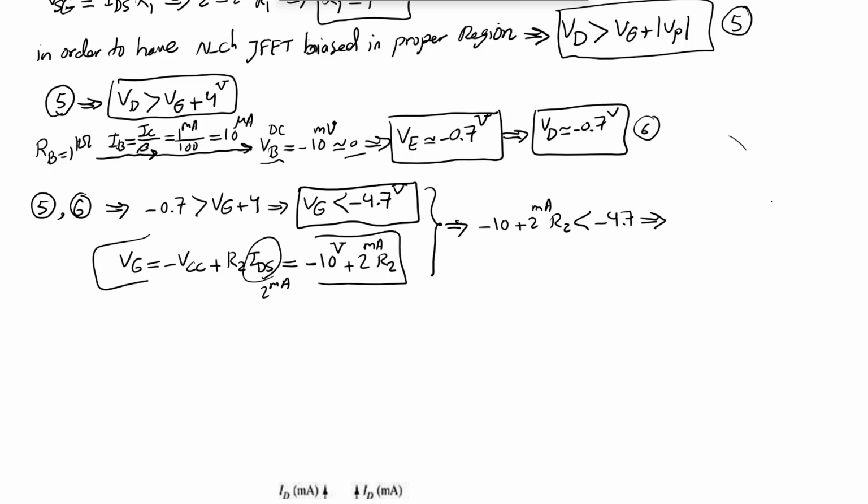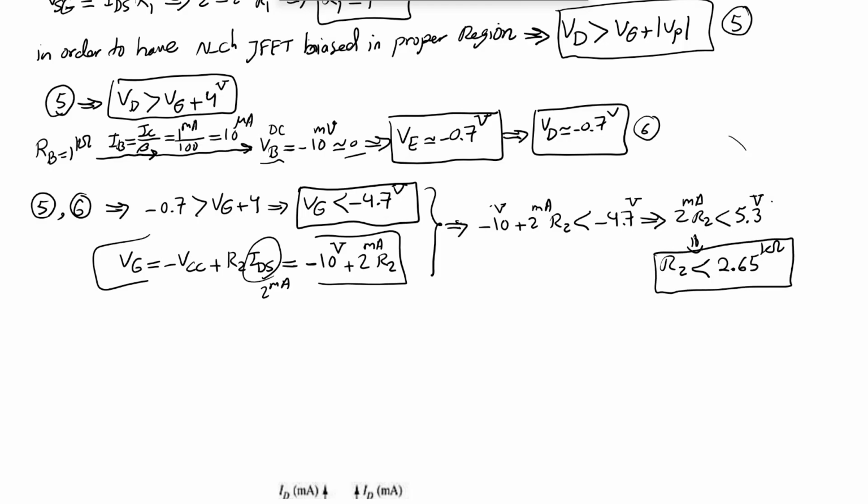So from here, I conclude that 2 milliamp times R2 should be less than 5.3 volt. And as a result, we conclude that R2 should be less than 2.65 kilo ohm.